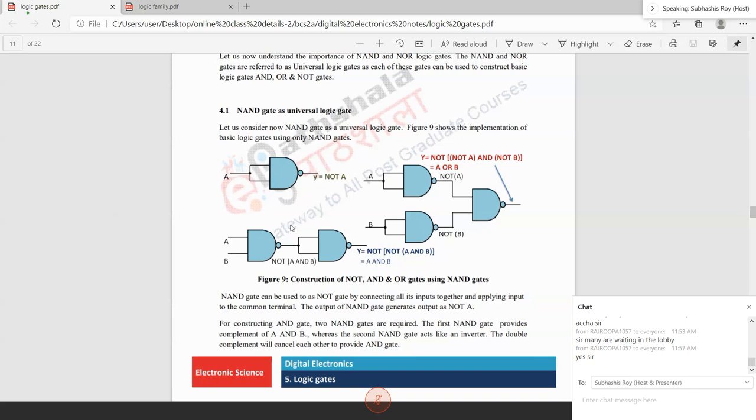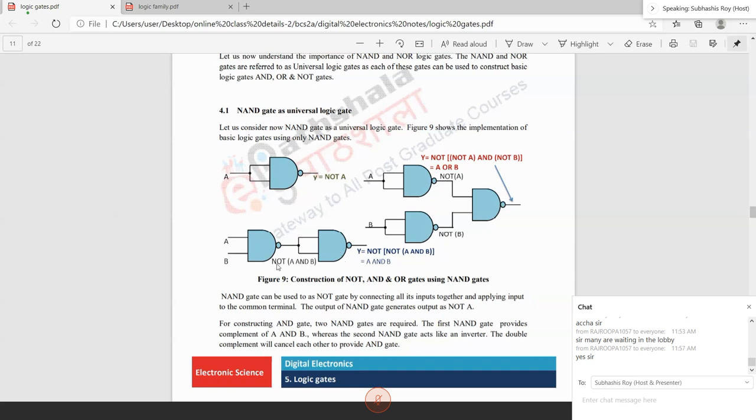If you want to design an AND gate, what do you have to do? You have to give two inputs, because an AND gate always has two inputs. Then you have to add an inverter after it. So this is actually a NAND gate, and after the NAND gate, if there is an inverter, then you will get an AND gate, right?